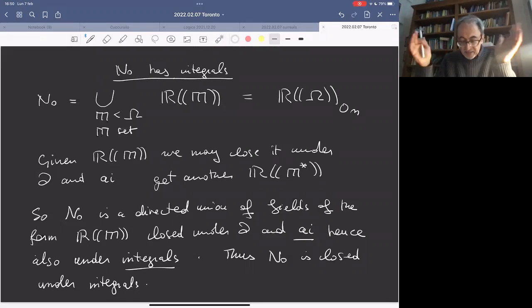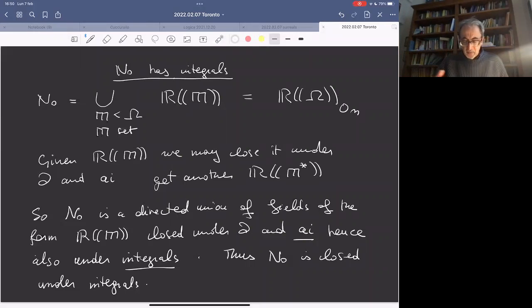The price to pay is that the transseries are indeed closed under integrals, but are not closed under all possible sums of the monomials that you have around. So you have many monomials which exist in the transseries, for instance, log n times of omega, but you don't have the sum of all those monomials.